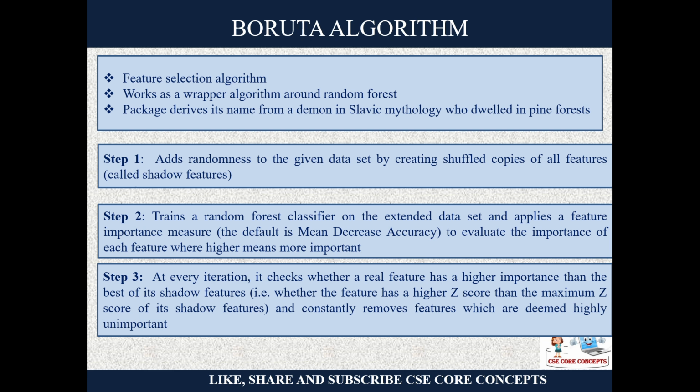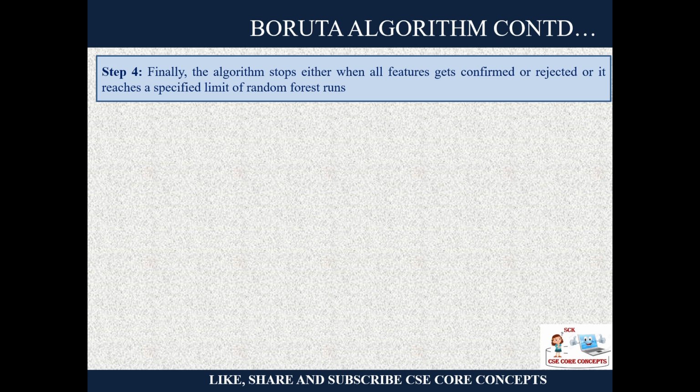A higher z-score than the maximum z-score of the shadow features means that the real feature has more importance than its shadow features, and as and when it gets the important features, it removes the unimportant features, which it says are not important at all. Finally, the algorithm will stop either when all of the features get confirmed as important or unimportant, and you reject the unimportant ones.